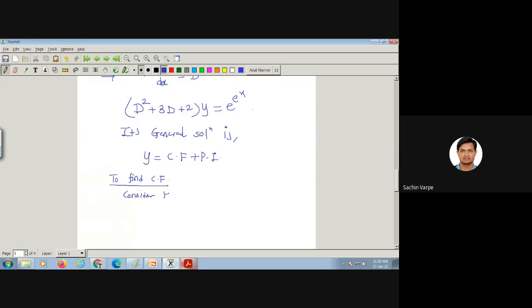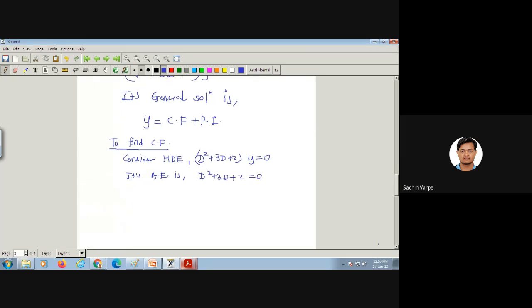Consider the homogeneous differential equation. तो क्या है इसका homogeneous differential equation? (D square plus 3D plus 2) times y equal to 0. So its auxiliary equation is D square plus 3D plus 2 equal to 0. Yes or no? This is the auxiliary equation.